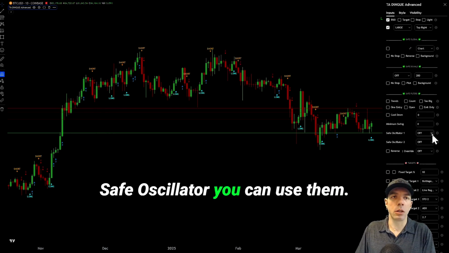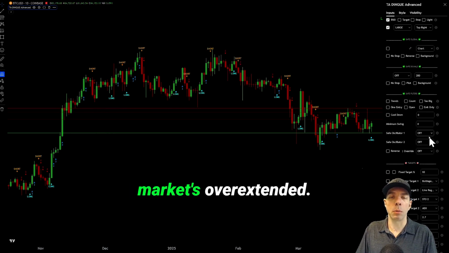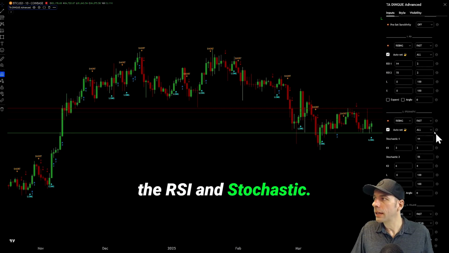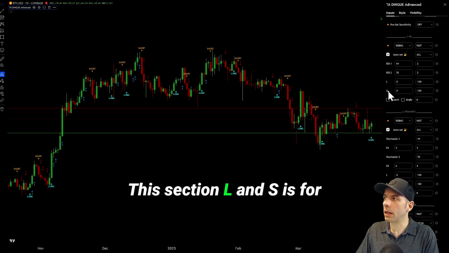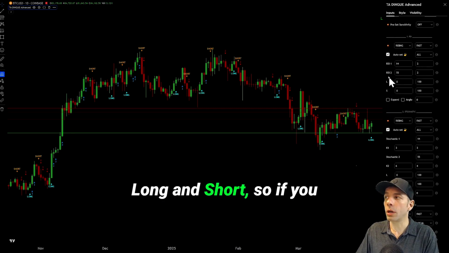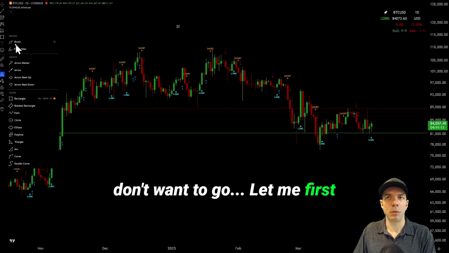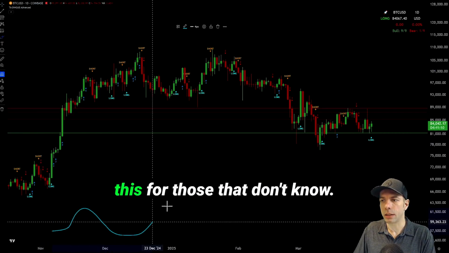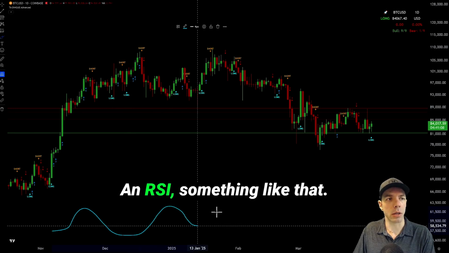Safe oscillator, you can use them. It's going to help when the market's overextended. Then we'll go check the RSI and stochastics. This section L and S is for long and short. So if you don't want to go, let me first draw RSI that would go like this. For those that don't know an RSI, something like that.